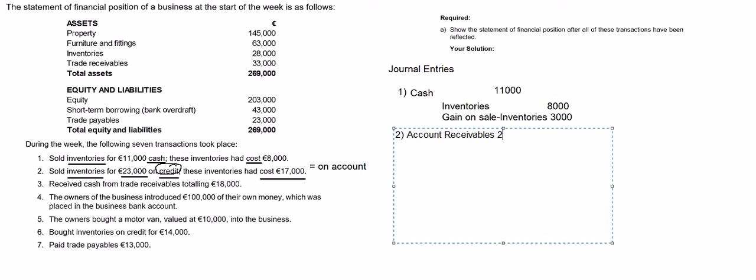We have 23,000, and now we have inventory, that should be about 17,000, and now we have gain on sale. 23,000 minus 17,000, you get about 6,000 in here.